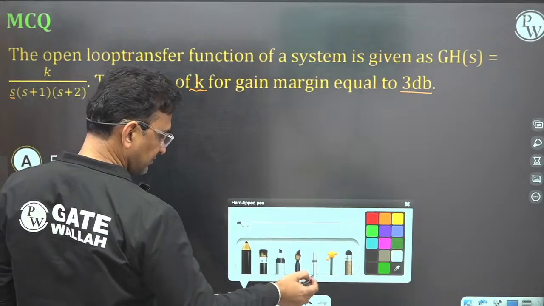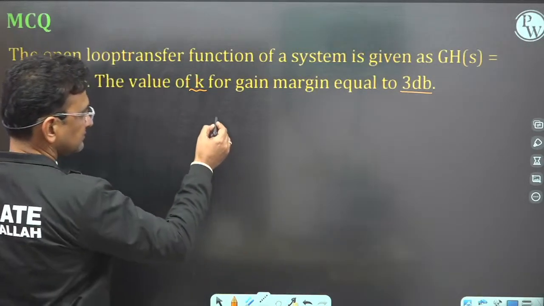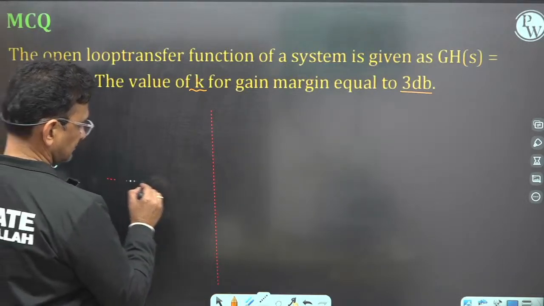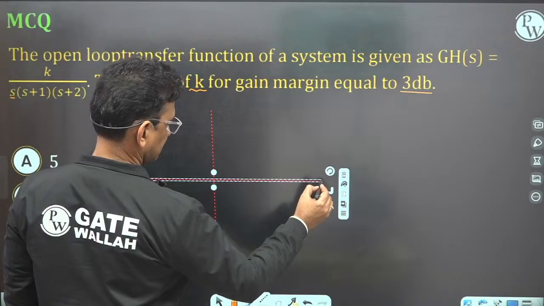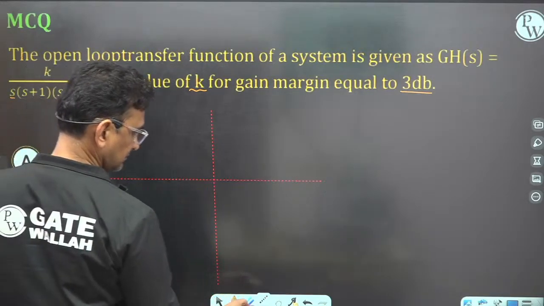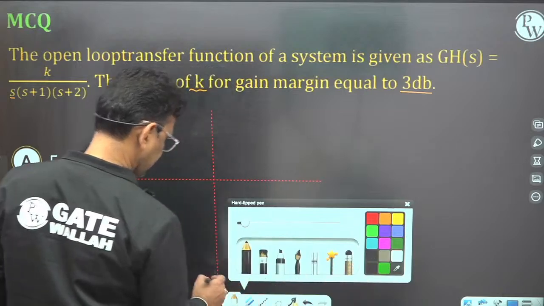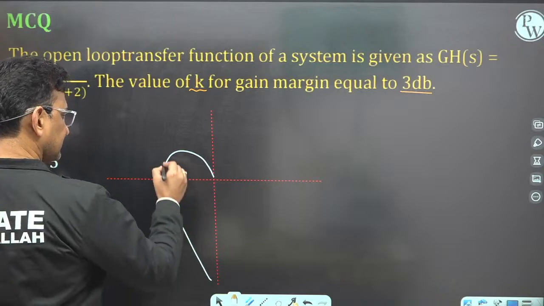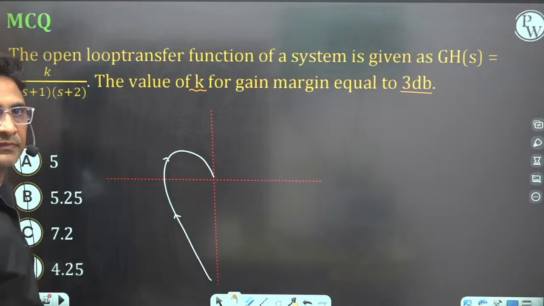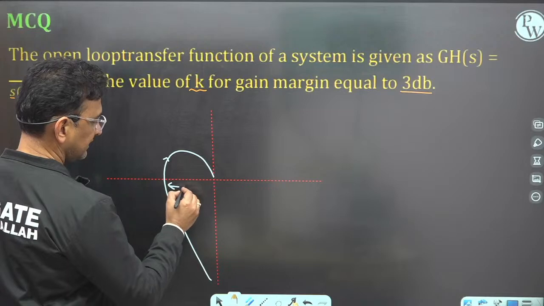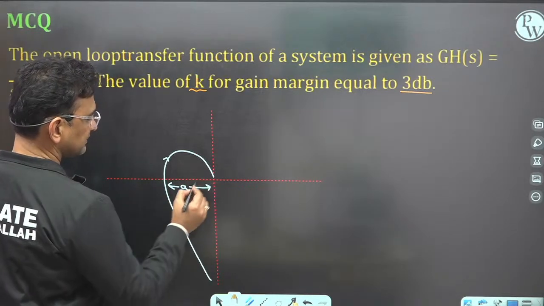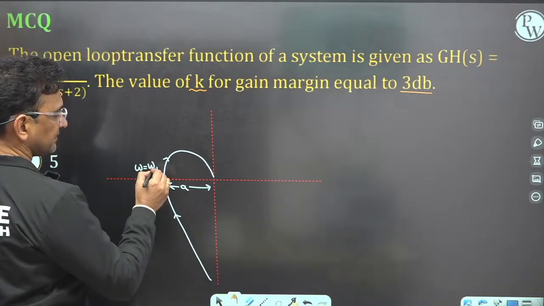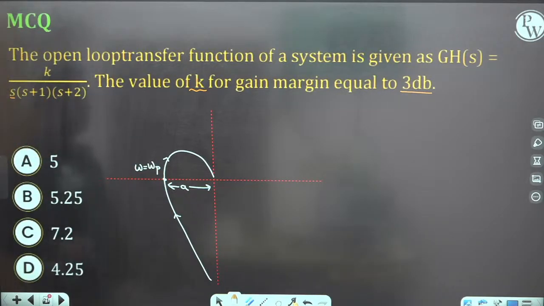So what will be the polar plot? Type 1 and order 3, this will be the polar plot. This is A. A is nothing but the magnitude of the open loop transfer function at omega equal to omega p frequency. See, so how to find out the gain margin?